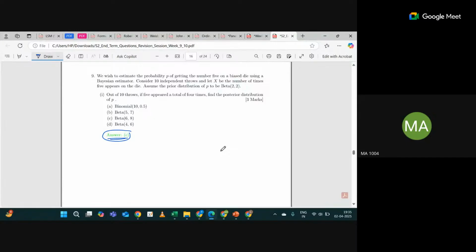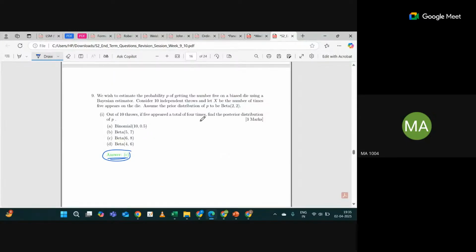Okay, let's see. What is the key thing? We know the posterior distribution is proportional to likelihood times prior. In the question, we wish to estimate the probability P of getting number 5 on a biased die using a Bayesian estimator.